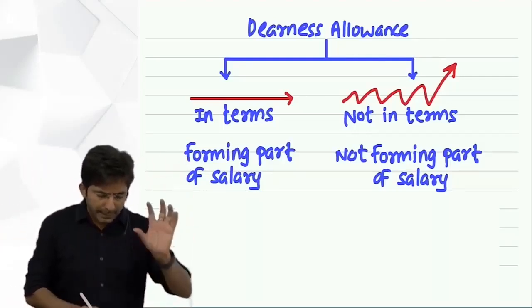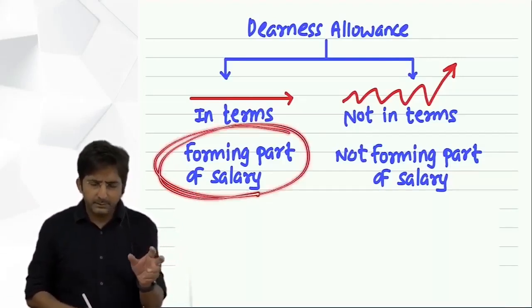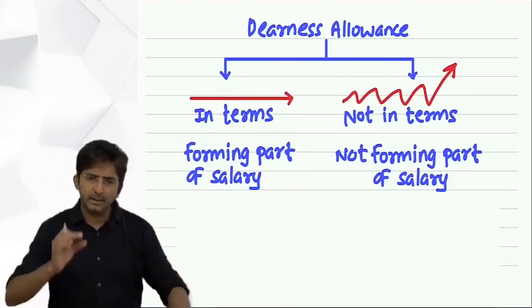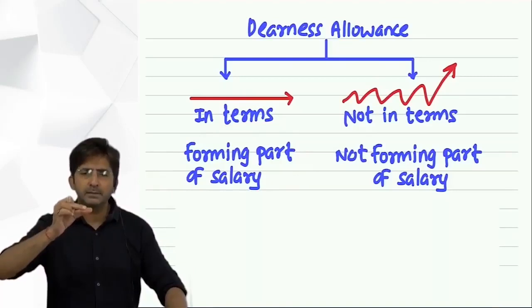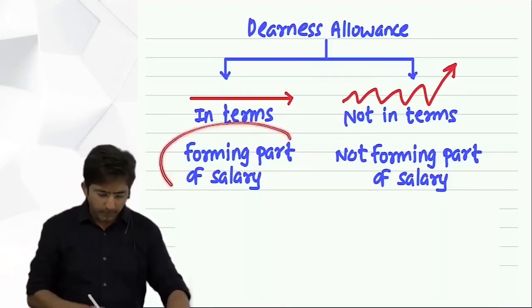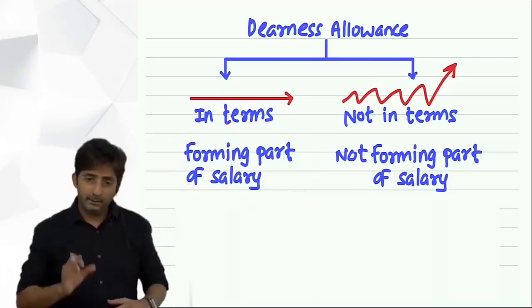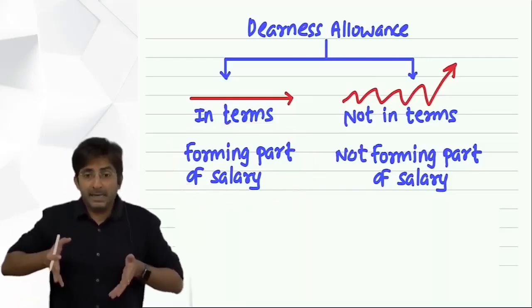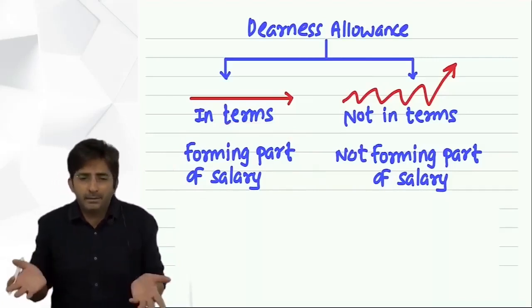No, in your salary package, see, forming part of salary means in your salary structure, it comes as a separate item. But the nature of that DA becomes like basic. See, forming part of salary doesn't mean it is included in the basic only. Dearness allowance as such is a separate item. But the nature of that doesn't remain unique.